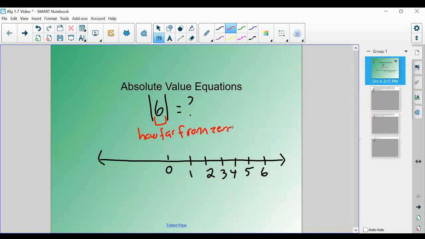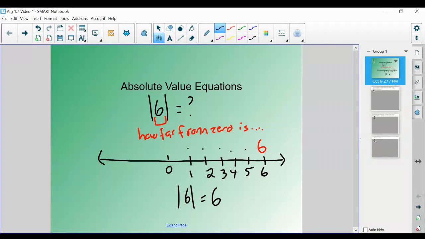If we're talking about 6, let's count how many units. We have 1, 2, 3, 4, 5, and 6. So the absolute value of 6 is 6 because that value is 6 units away from 0.